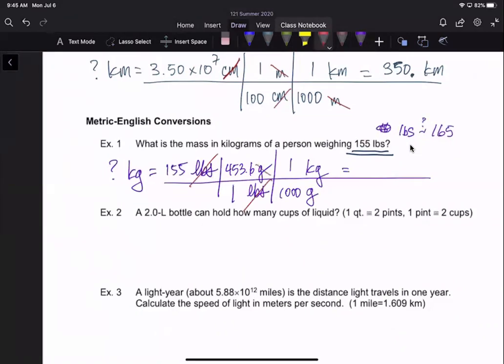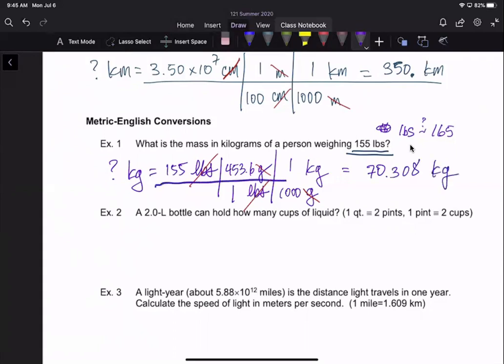So we'll end up with kilograms equals kilograms. We'll take 155 times 453.6 divided by 1,000. And we get 70, excuse me, 70.308 kilograms.